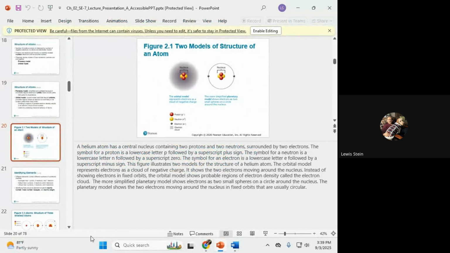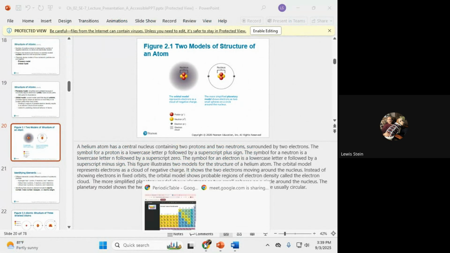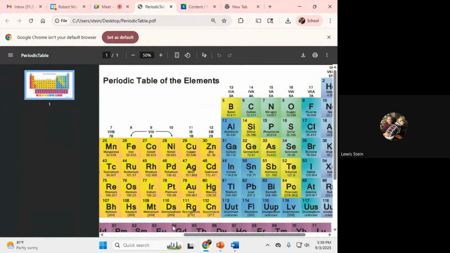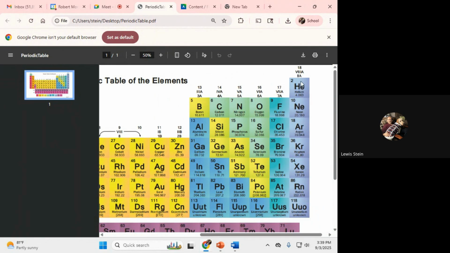So if you flip over again to the periodic table and look at where helium is, all of those in that far corner on the right-hand side, those are what we call ideal or noble, and they're all gases: helium, neon, argon, krypton, xenon, radon, whatever that is. That was made artificial.